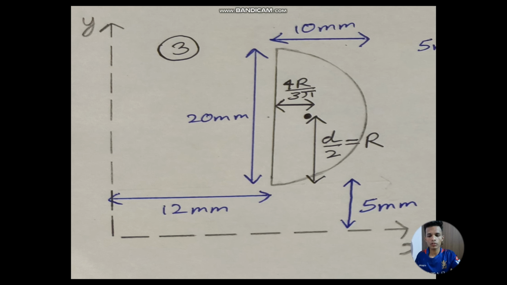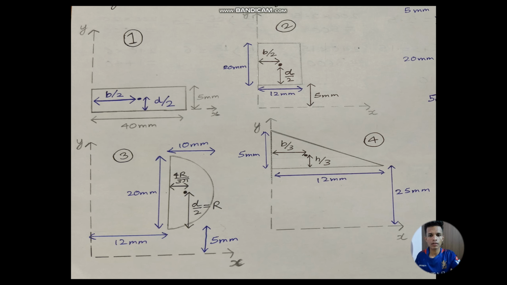We'll next move on to the last figure, which is the triangle. The triangle over here is 25 millimeter above the x-axis, and the dimensions of the triangle are 12 mm in breadth and 5 mm in height. This is a right angled triangle.